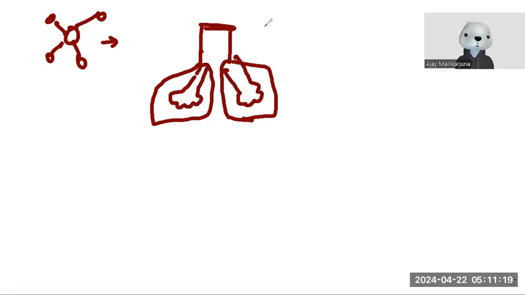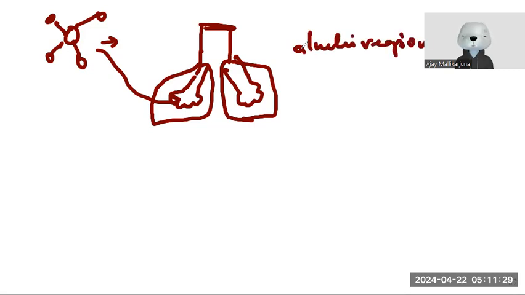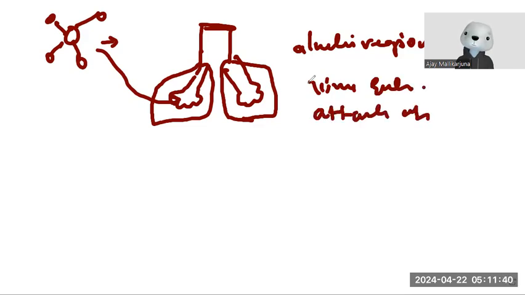So this virus entered into the lungs. In the lungs, it entered into the alveoli region. So this virus enters into the alveoli and attacks on type 2 pneumocytes.